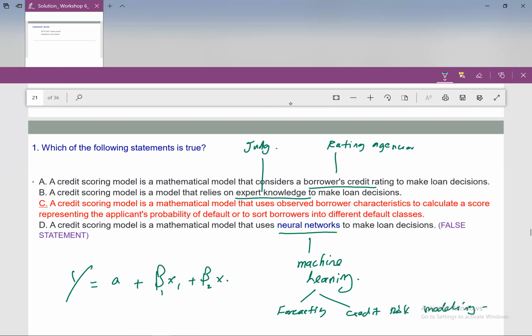So you can take so many variables here and put them in the regression. If this Y is the probability of defaulting, then you can add all the variables on earth, no problem.